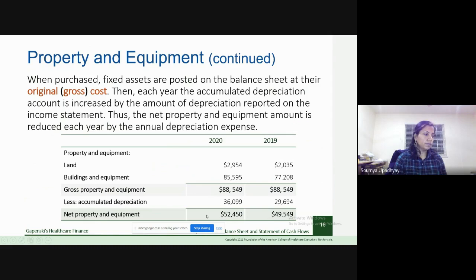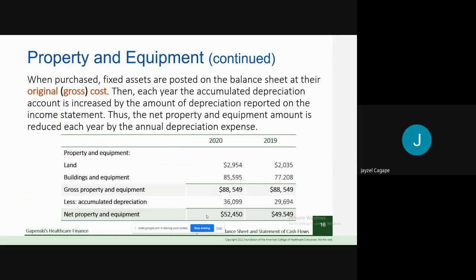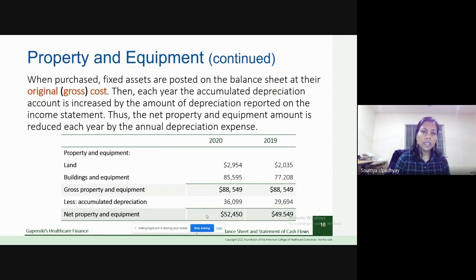Dr. Yu, I have a question about that. Where did they get that amount? Is there a certain percentage equivalent to that amount for the depreciation expense? No, it doesn't say any percentage so far. At least in this chapter, they are not telling us how to calculate the depreciation, and it might differ from organization to organization.